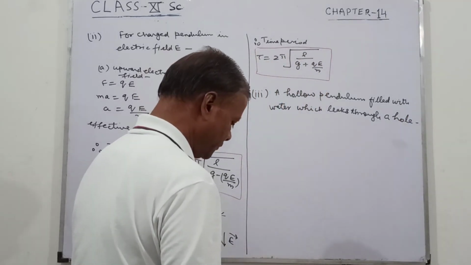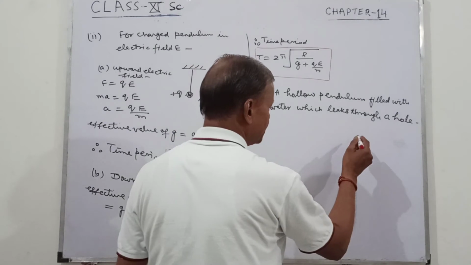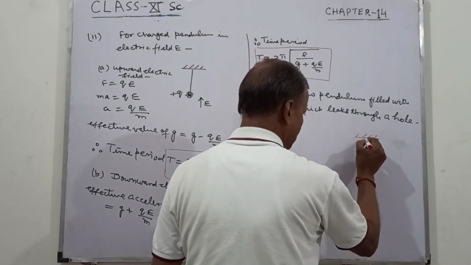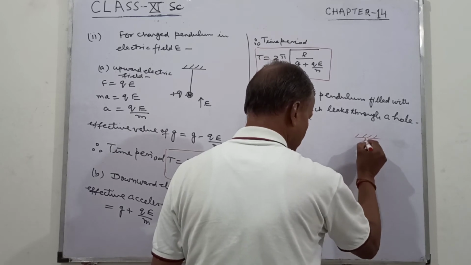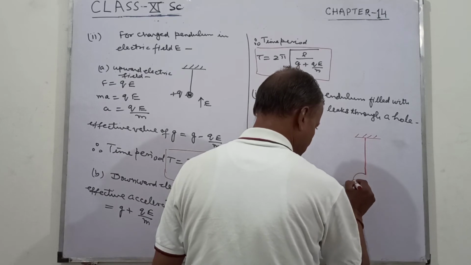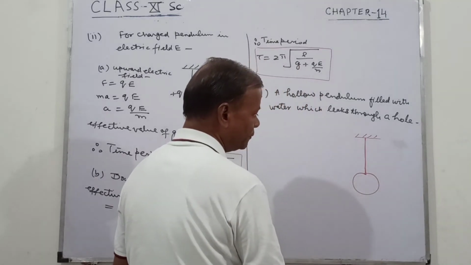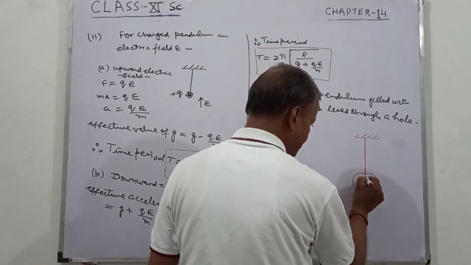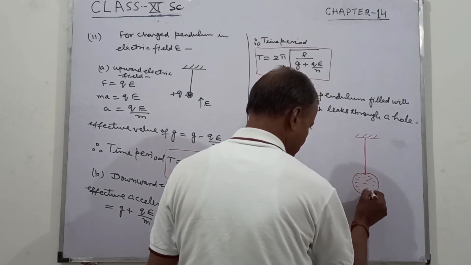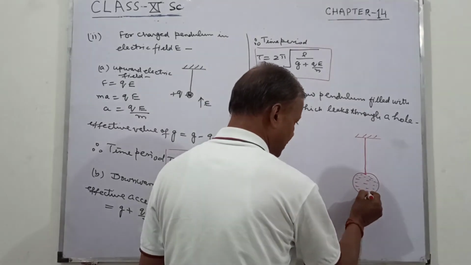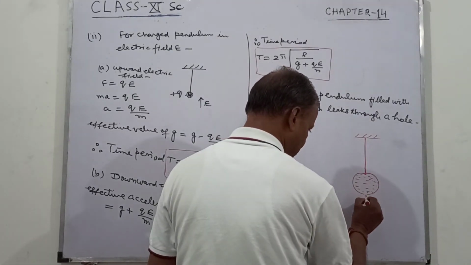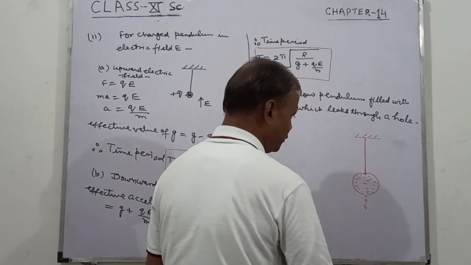Then suppose this is the bob, and this is filled with water, and it has a small hole so that the water goes out from it.